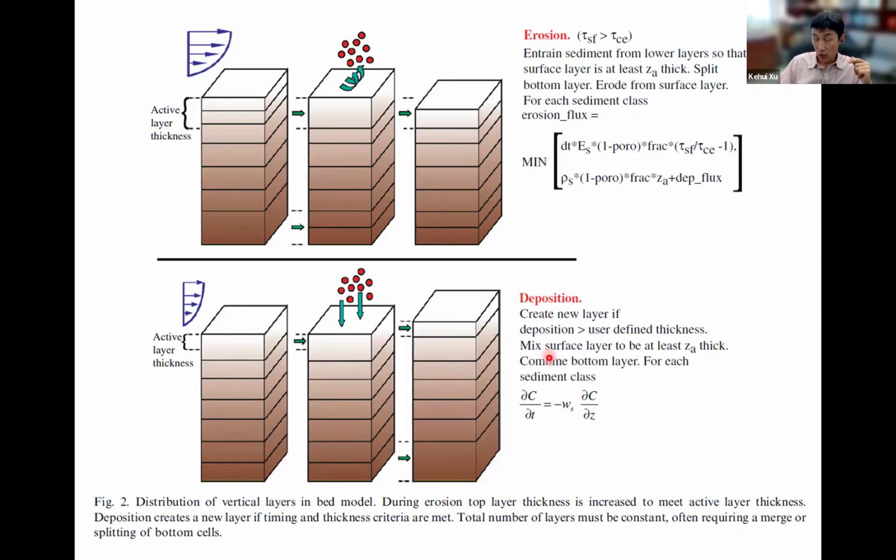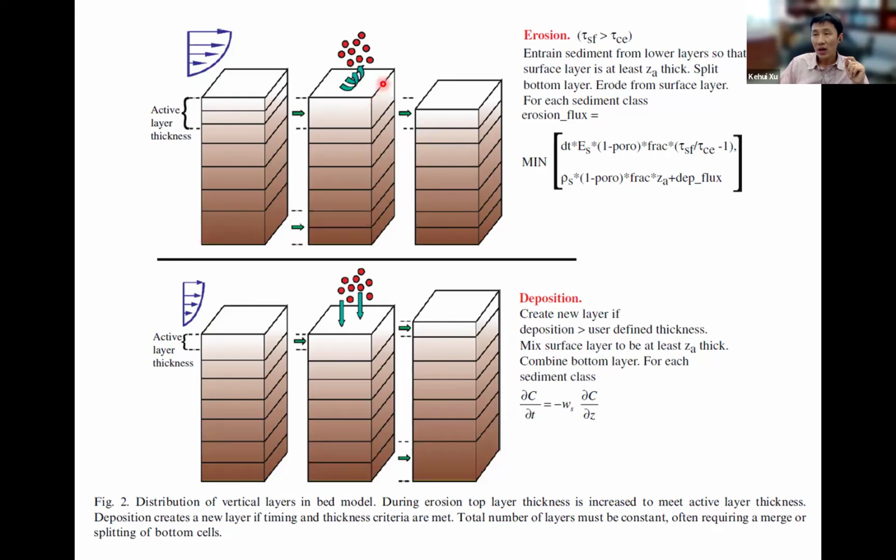as for deposition. In this model, the users can define the thickness of an active layer, and then the model will keep tracking the thickness of all the layers into the seabed.